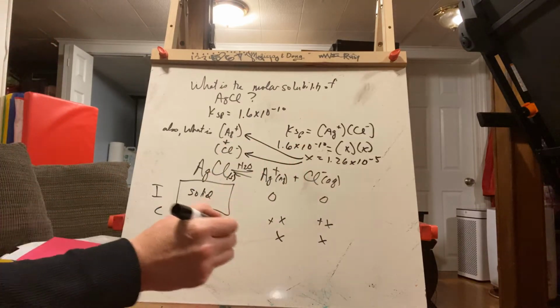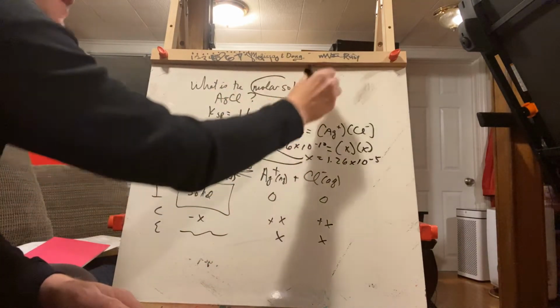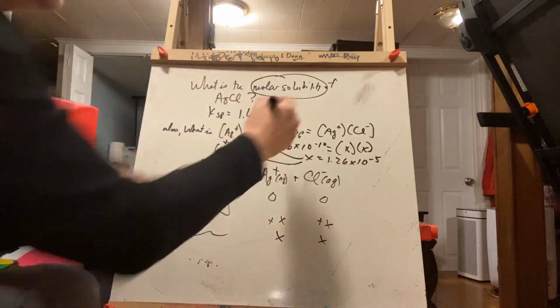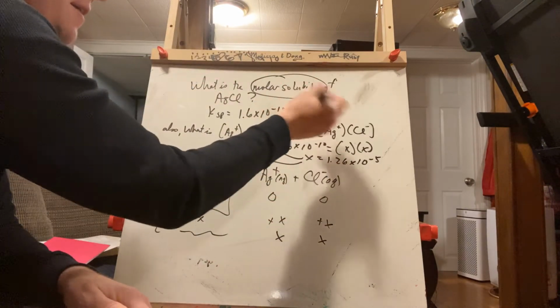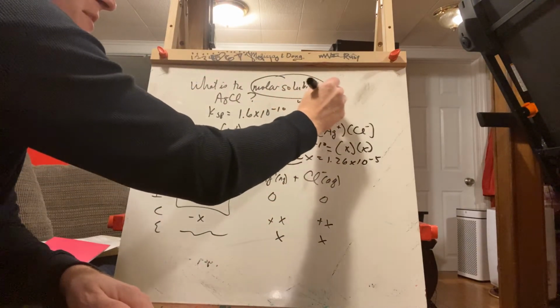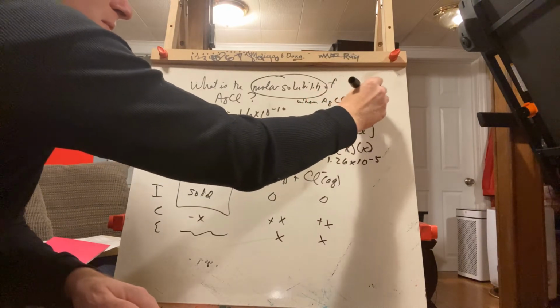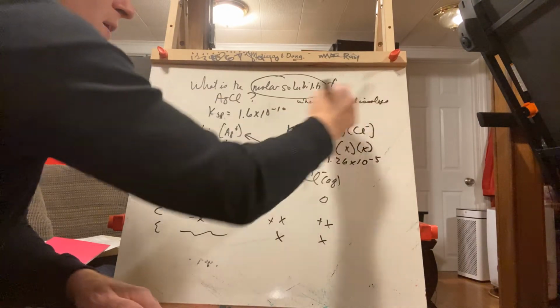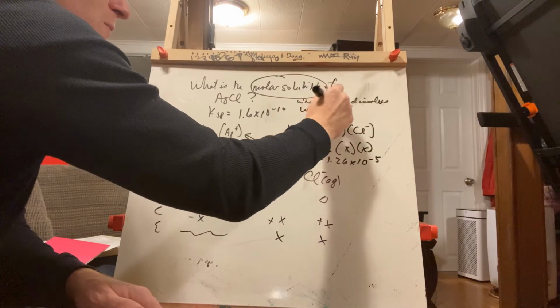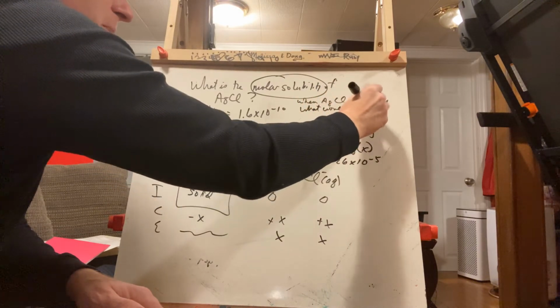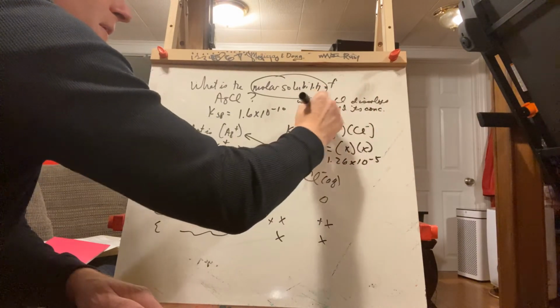And now here's the kicker. The molar solubility means when AgCl dissolves, what would its concentration be in molarity?